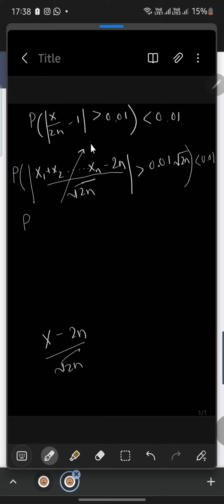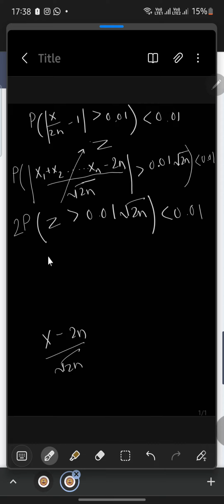So this would be Z here, right? So probability of Z, and the mod Z will be removed, and we will get 2 here. So 2 times probability of Z greater than 0.01√(2n) would be less than 0.01.